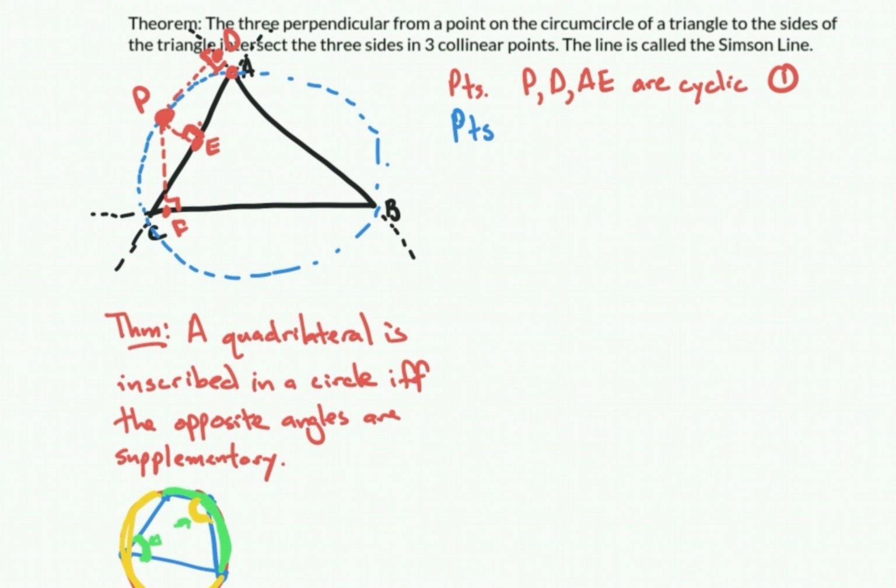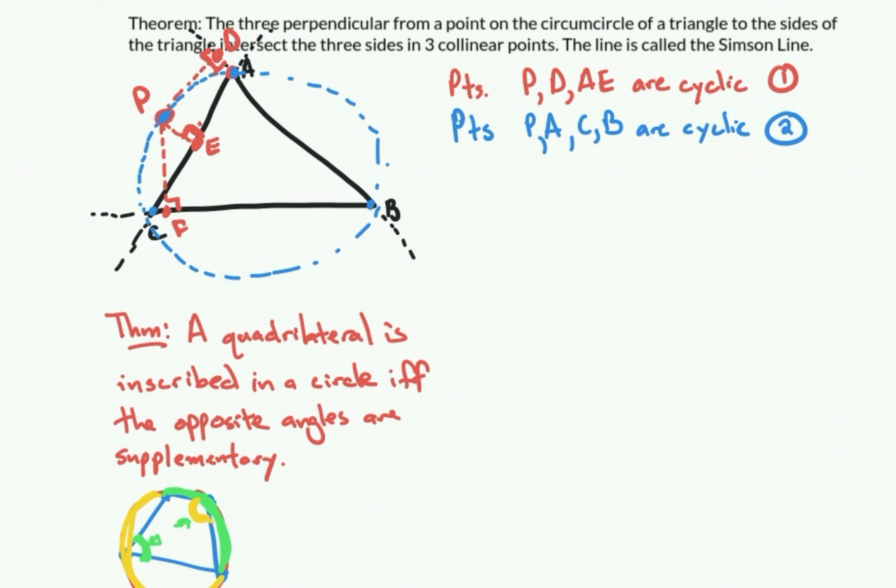Similarly, points P, A, C, and B are cyclic for the exact same reasons, right? Okay? They're cyclic because, well, they're on a circle. We can see them there.